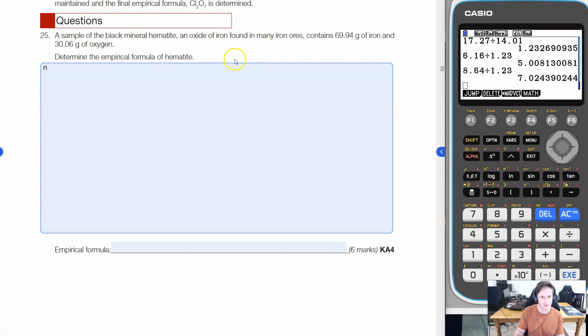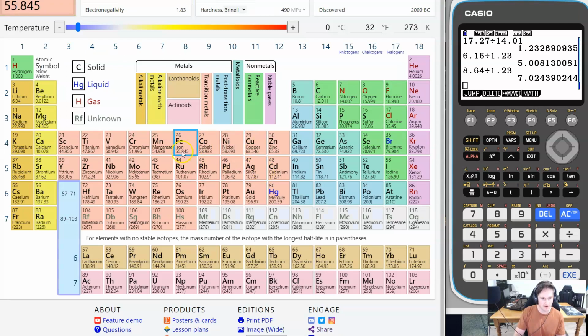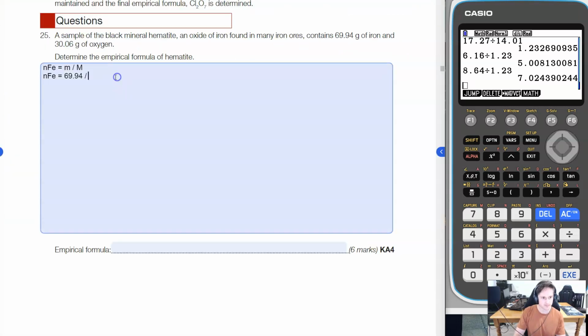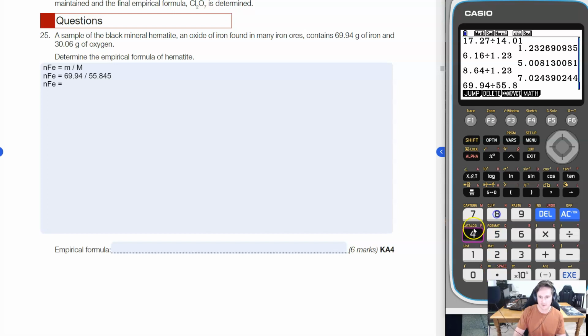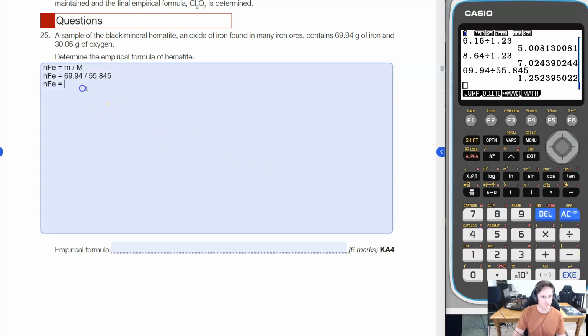So if I want the number of moles of iron, which is Fe, it's going to be mass divided by molar mass, which is 69.94 grams divided by the molar mass of iron, which is 55.845. So 69.94 divided by 55.845 is 1.25.